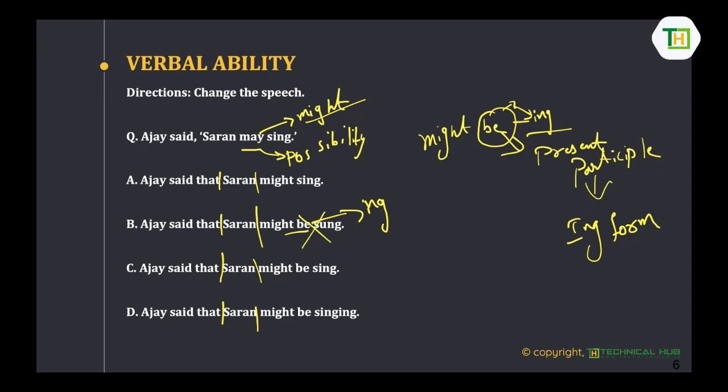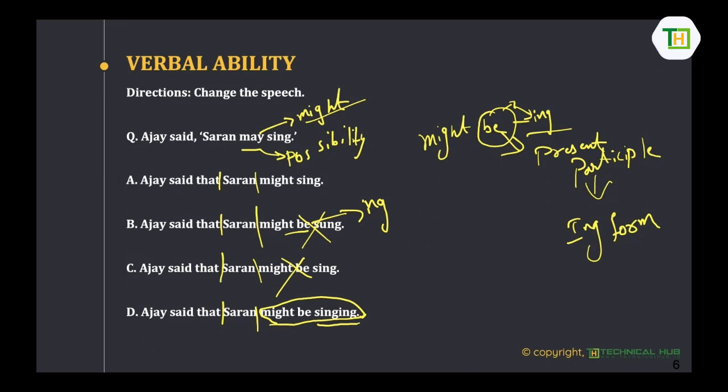Now again, Saran might be sing. This is also wrong. Now, yes, singing is correct, this phrase is correct. But here the question is, he may sing. We don't know whether he sings or not.